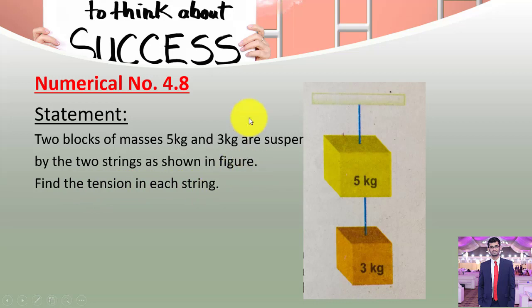Dear students, as you can see in this diagram, there are two blocks of masses 3 kg and 5 kg. They are hanging vertically with these strings. We can see that this string is supporting both of these objects, 5 kg and 3 kg, while this string is supporting only the 3 kg object.